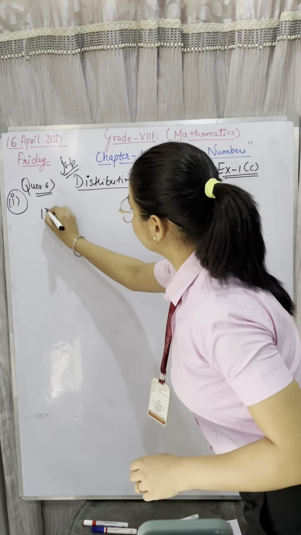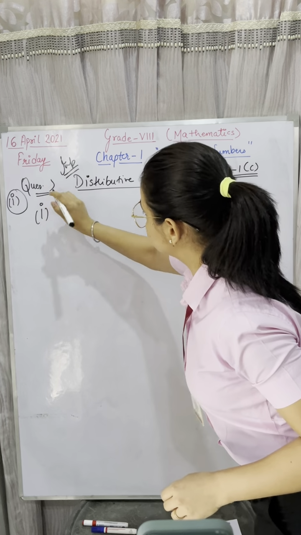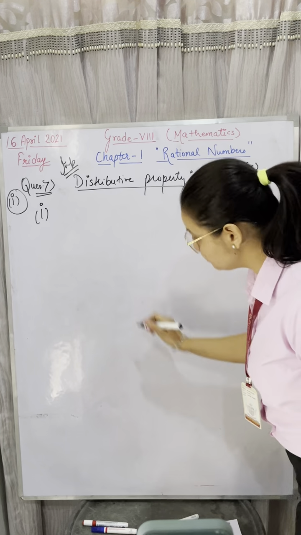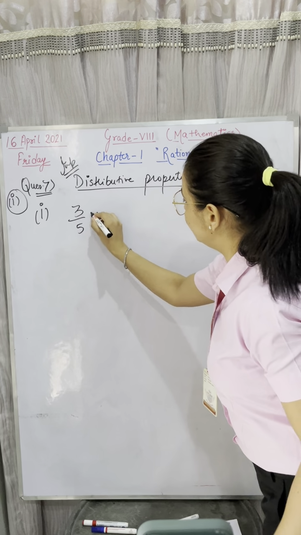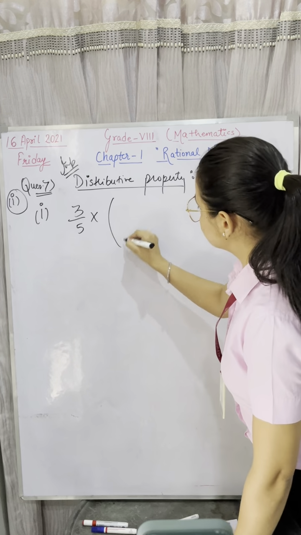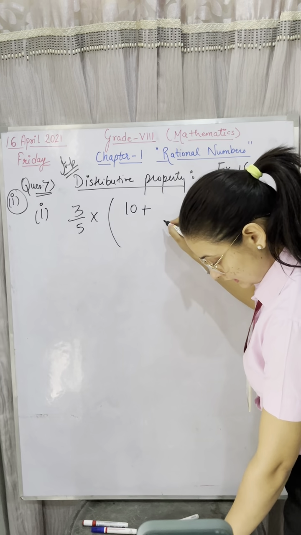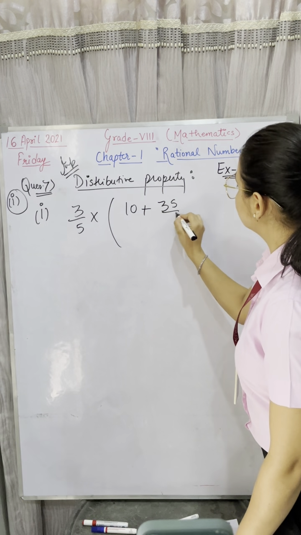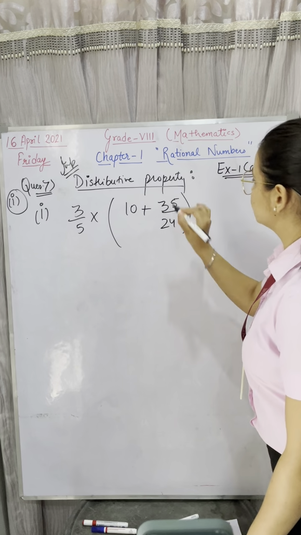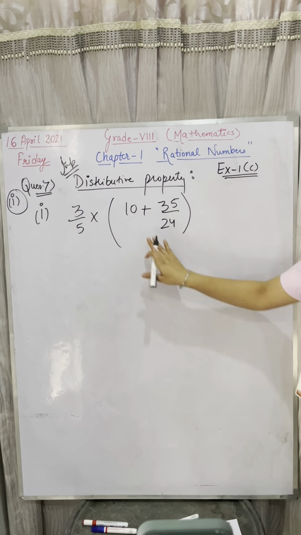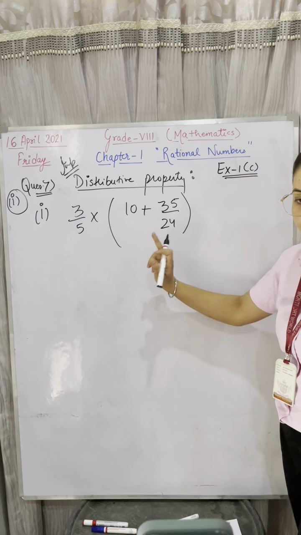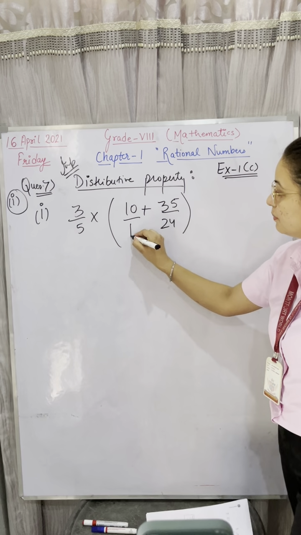Okay, so the first part of the seventh question is 3 divided by 5 multiplied by 10 plus 35 upon 24. If only 10 is written, that means it is 10 upon 1.